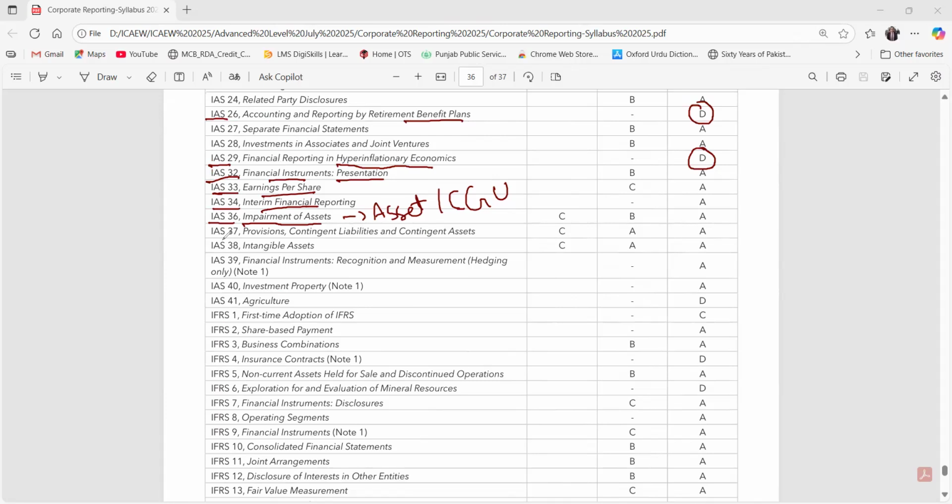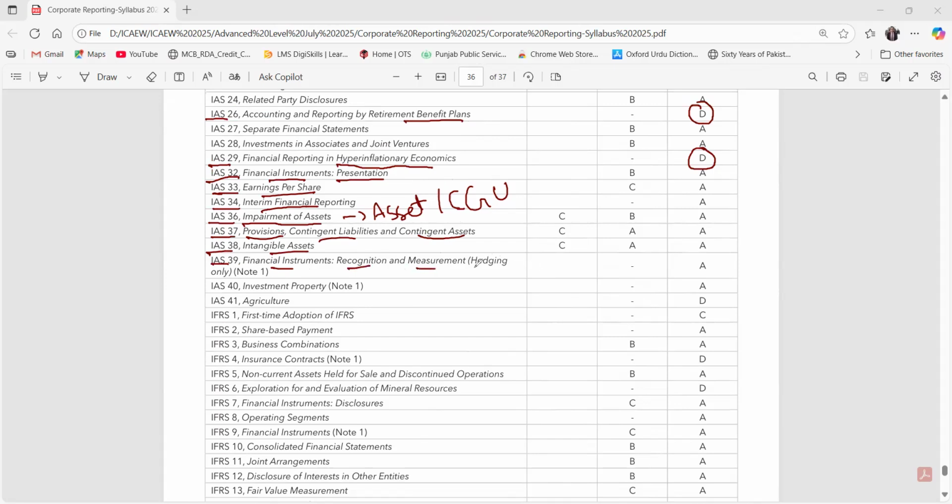How we can record? IAS 37, that is for provisions, contingent liabilities, and contingent assets, basically. What is the difference between provision and contingent liability? IAS 38, intangible assets. IAS 39, financial instruments, basically. Recognition and measurement.